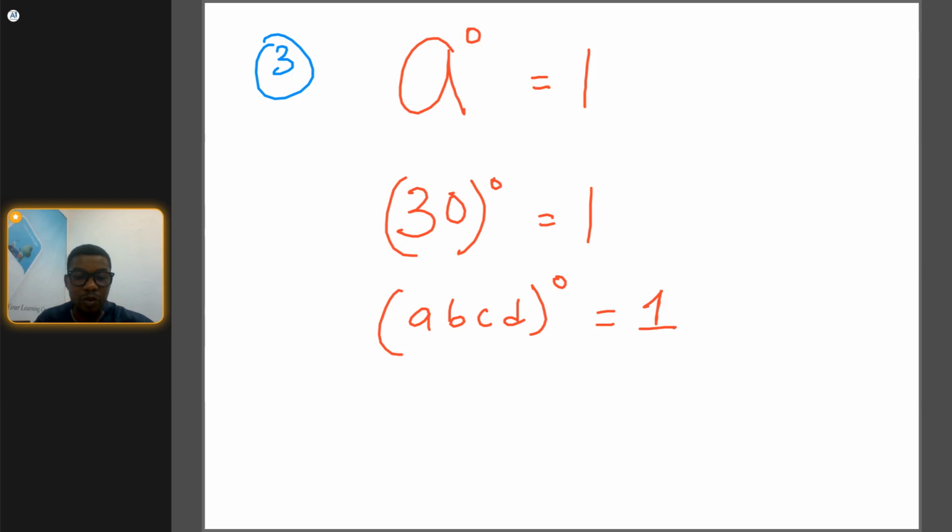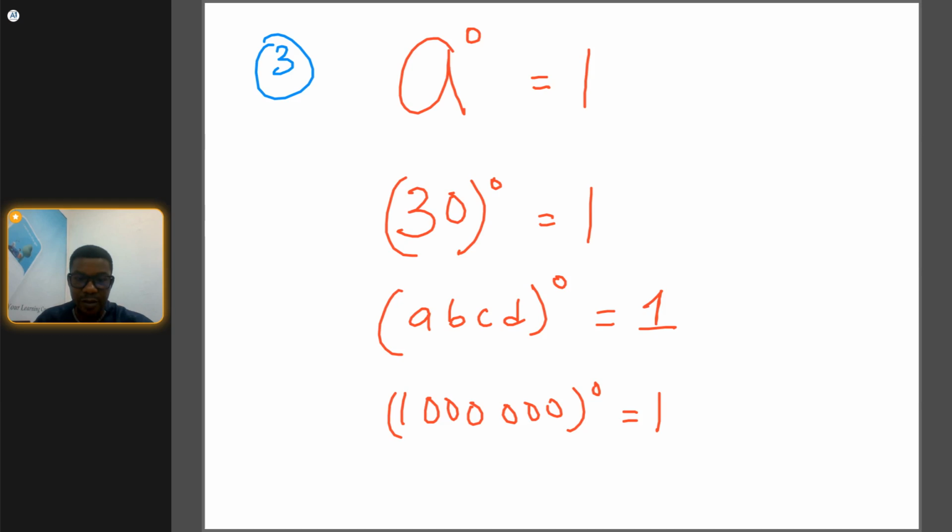The response will be 1 because we stated that a raised to the power of 0 is 1. That is, either value like alphabets or numbers, if it is raised to the power of 0, it will be 1. If I said 1 million raised to the power of 0, we also have 1.